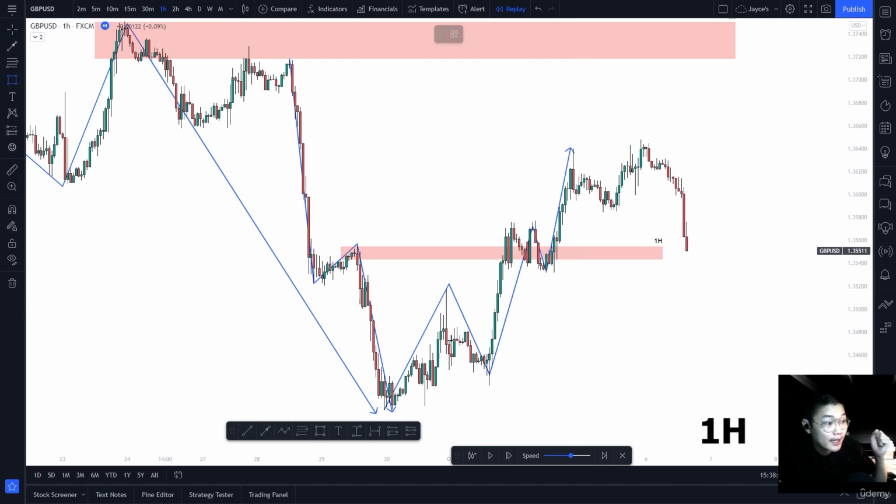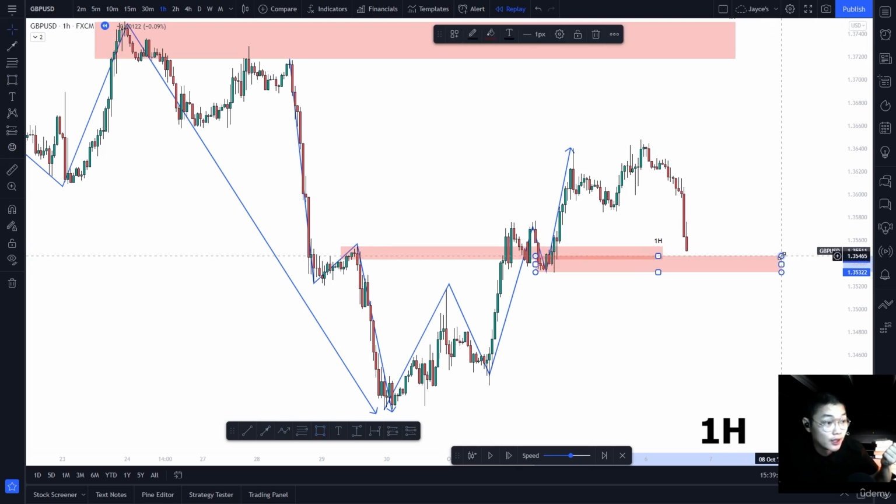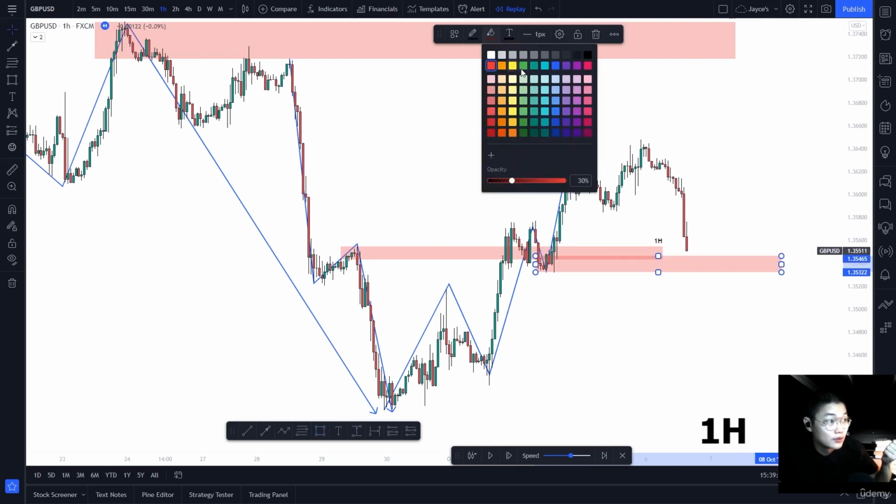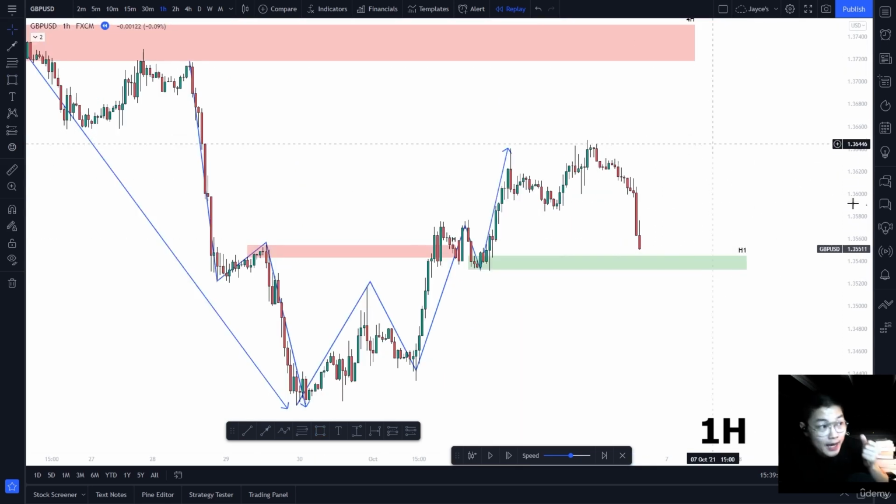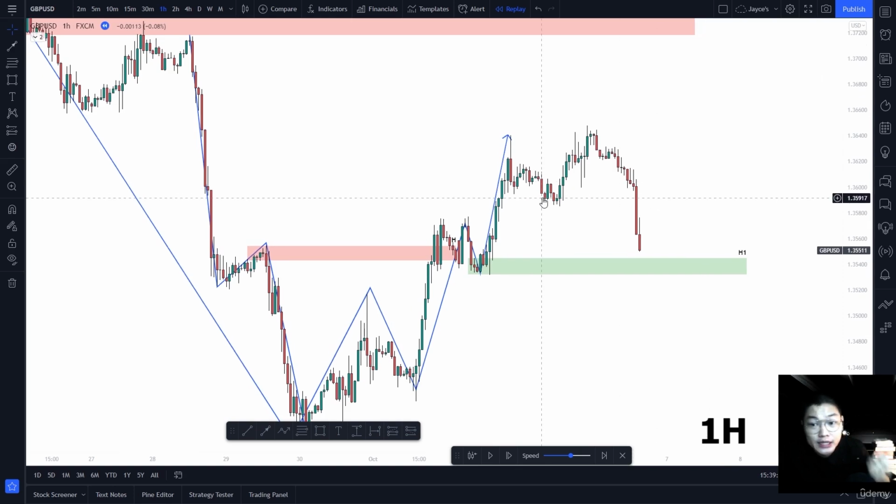And the next step, you need to define the strongest demand zone of the up movement in the 1 hour time frame. With a structure like this, here is the demand zone in the 1 hour. You may ask why this level is not the demand zone of the 1 hour. Here it also is a demand zone of the 1 hour, but it's not the strongest demand zone, because this one cannot create the highest high in the market.